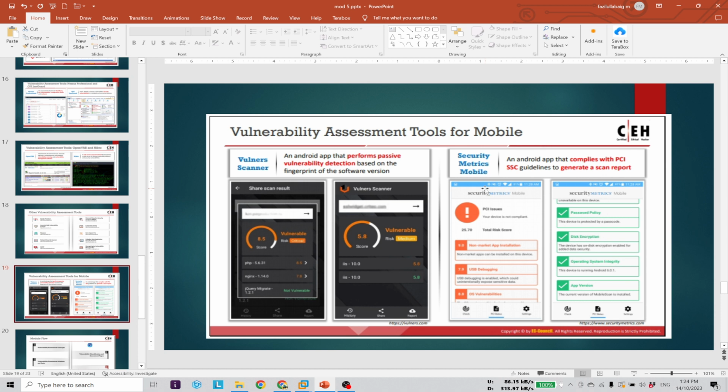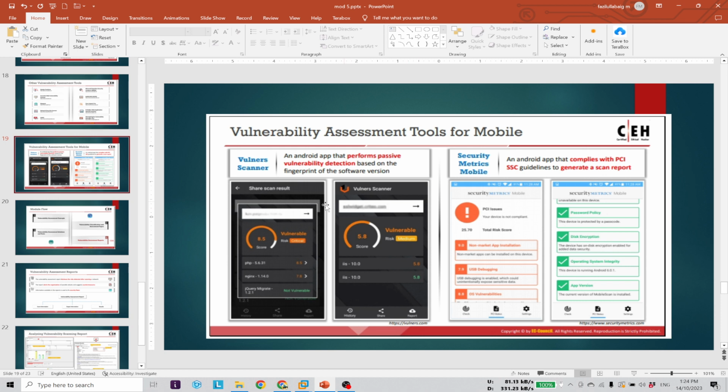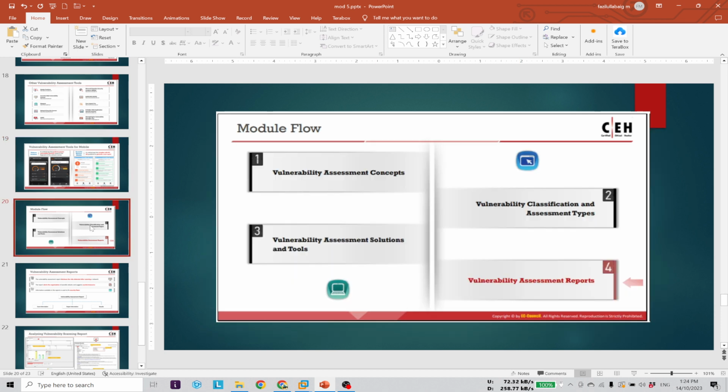If you want to scan for vulnerabilities, you can also use a mobile phone. Security Metrics Mobile is another mobile tool that is also used. You guys can use that, but just to understand the tools, I'm giving you one example here. Let's see in the next slide.